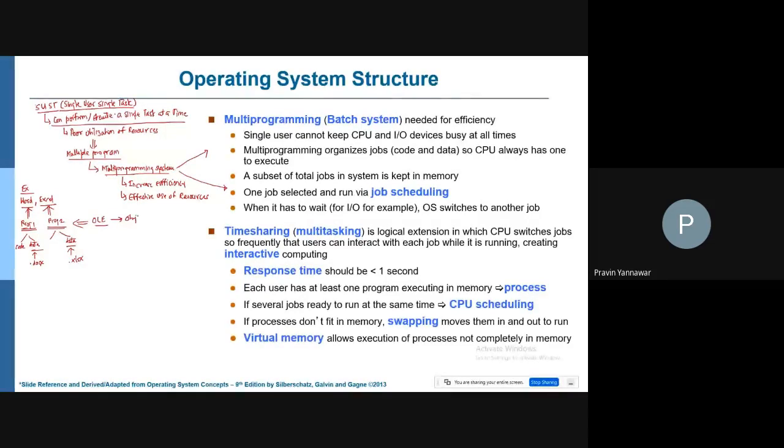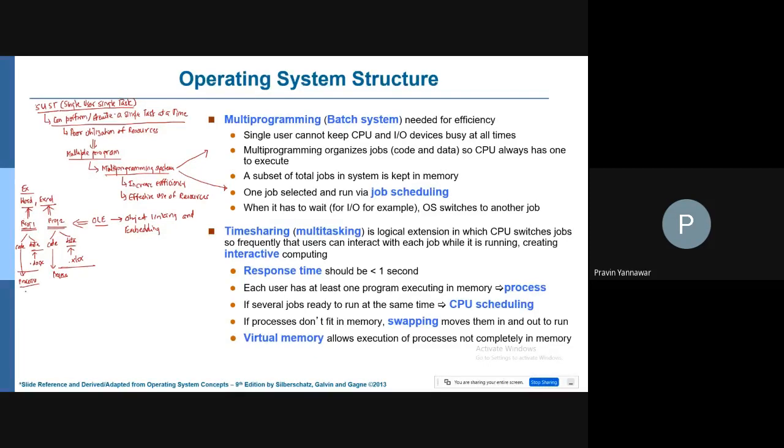Here OLE stands for object linking and embedding, so you can embed different objects into one another. When these two programs are running independently, you are going for a multi-programming system. This is a very good example of a multi-programming system. By their code I mean the processes they have, and they have different processes altogether.